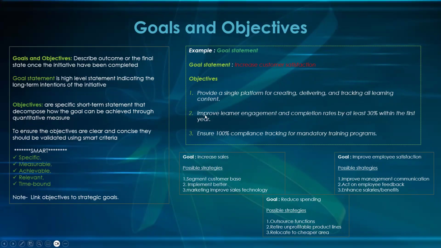Is this specific? Specific? Yes. Improve learner engagement. That's specific. Improve engagement and completion rate by 30%. You see, by 30% means it's measurable.